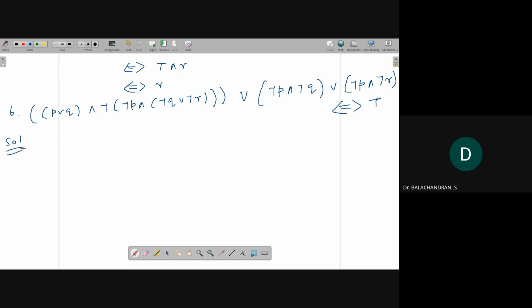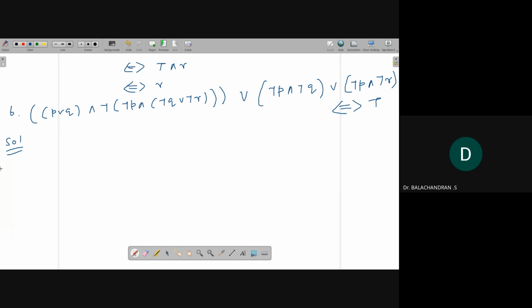Okay, so now I'm going to split the problem slightly. So here first I will take this portion, okay, these two portions.